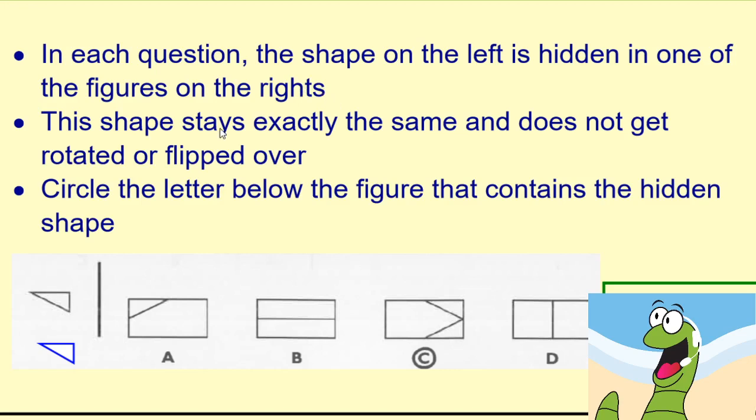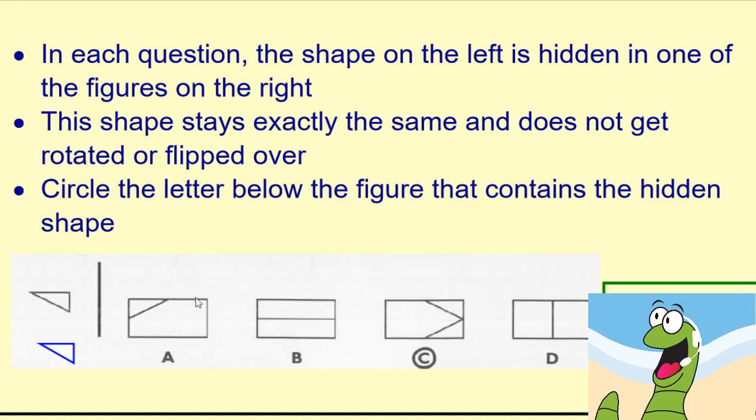This shape stays exactly the same and does not get rotated or flipped over. And then it asks to circle the letter below the figure that contains the hidden shape. So this is an important one here. Shape stays exactly the same and does not get rotated or flipped.